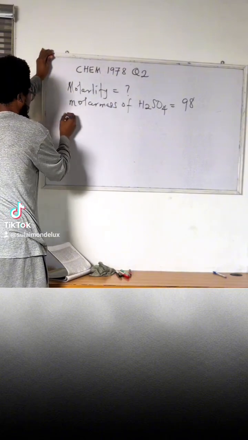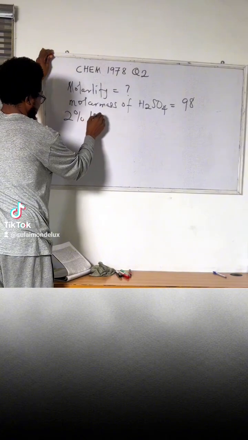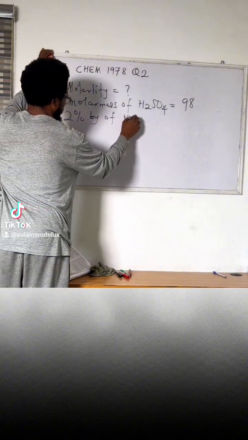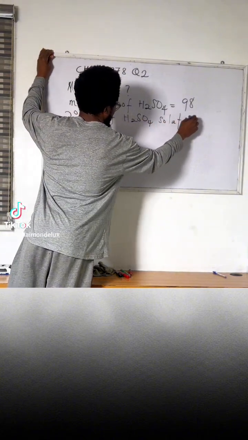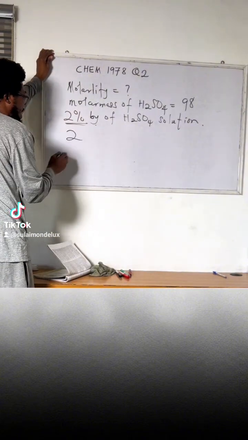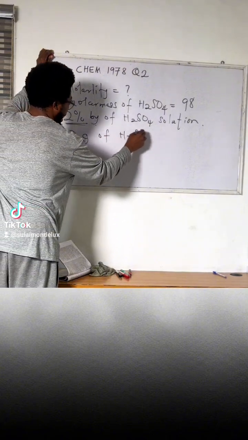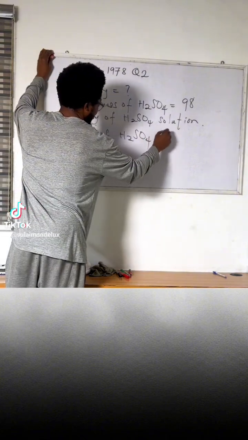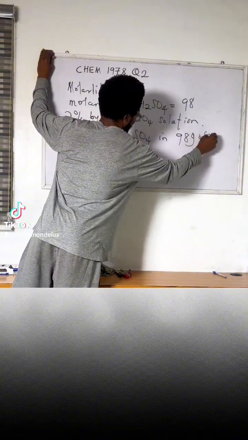And we are told that it is a 2% by mass H2SO4 solution. So what's the meaning of 2%? 2% means there are 2 grams of H2SO4 in 98 grams of water.